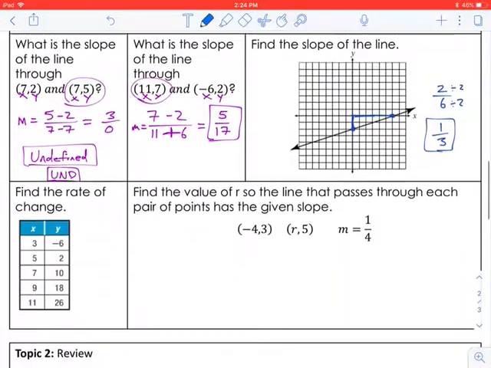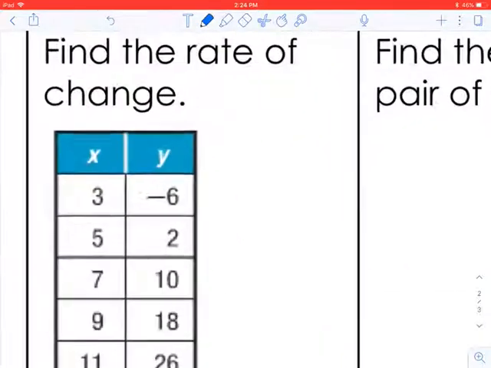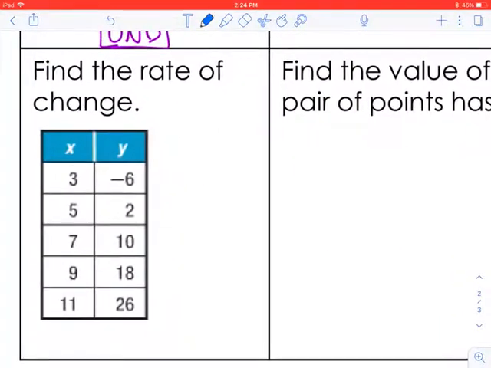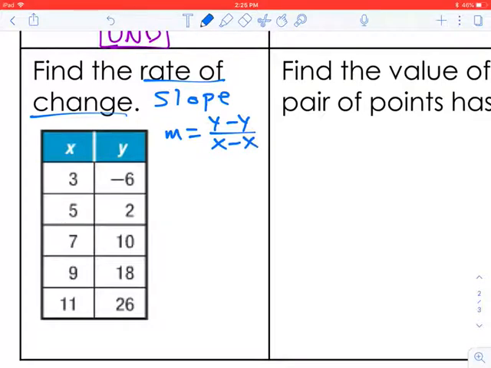So, for the next one, it says find the rate of change. Well, the rate of change is just another word for slope again. So I'm just going to use m equals y minus y over x minus x again. This time it's a table, so I'm just going to choose 2 y values.